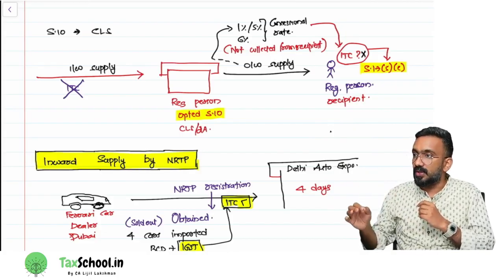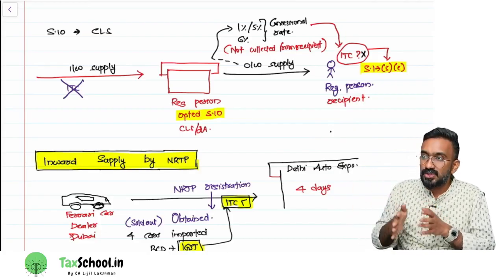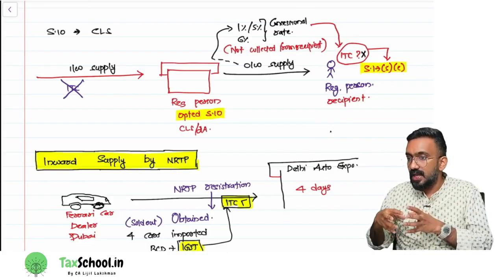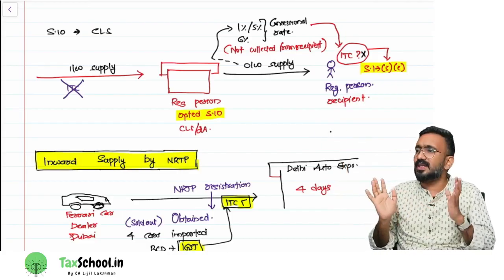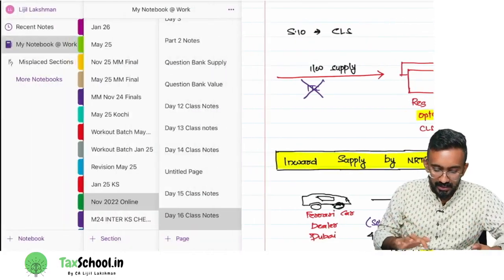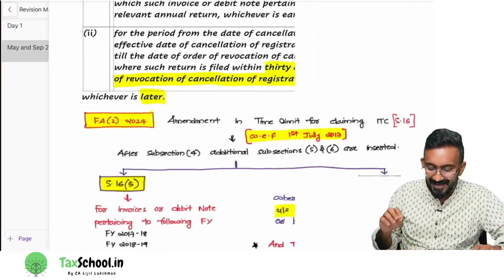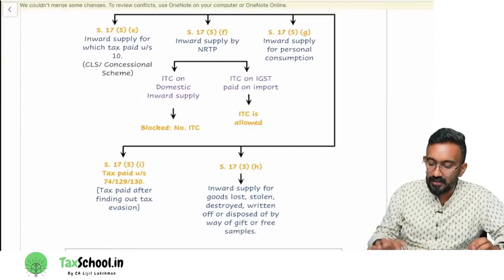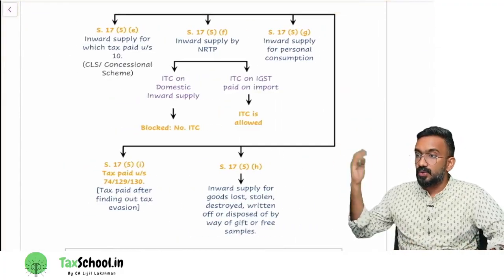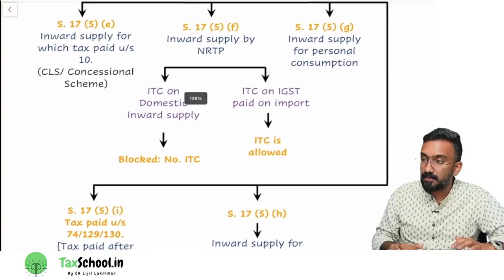The answer is no, because whatever tax of concessional rate is paid under section 10 is a blocked credit for the person who is purchasing it, because he is anyway not paying it. That is what is mentioned in section 17 subsection 5 clause E. Now look at clause F. It's a specific purpose driven.